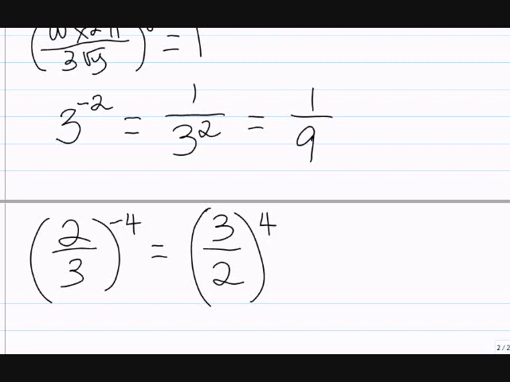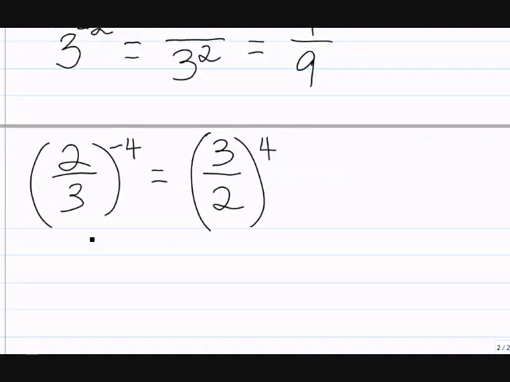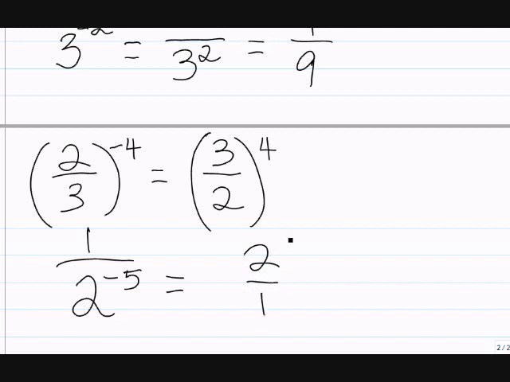Okay? So that's how we change that negative power to a positive power. And if I have a fraction 1/2 to the negative fifth power, that takes the reciprocal of that fraction, 2/1, to the positive fifth power, which is 2 to the fifth.